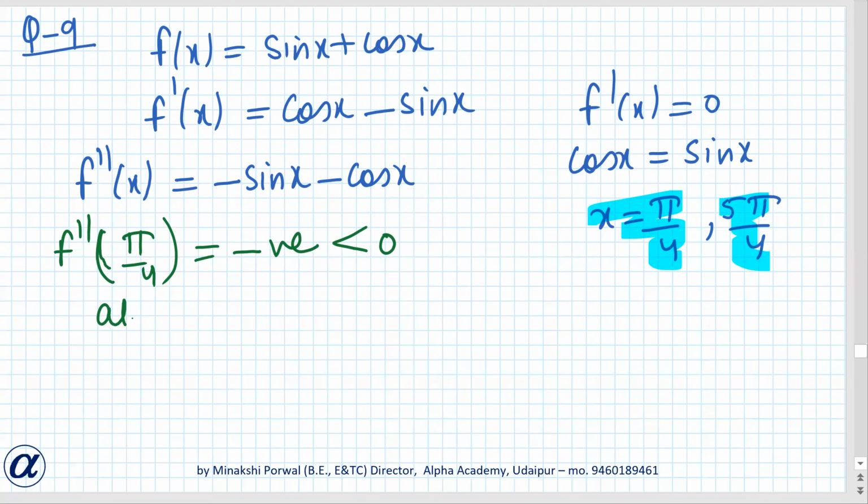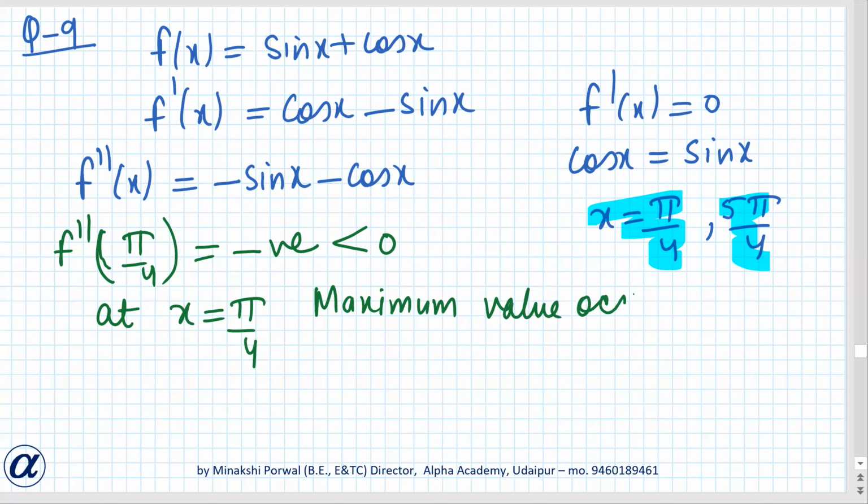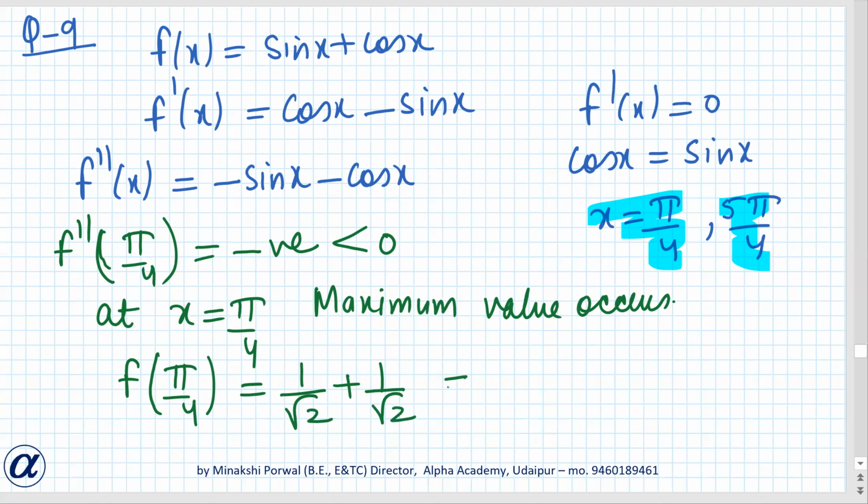That means at x equals pi by 4, the maximum value occurs. We'll find the value of the function at pi by 4: sin 45 plus cos 45, that is 1 by root 2 plus 1 by root 2. So it is 2 by root 2, that is equal to root 2. We have to find the maximum only, so we will not do the other part.